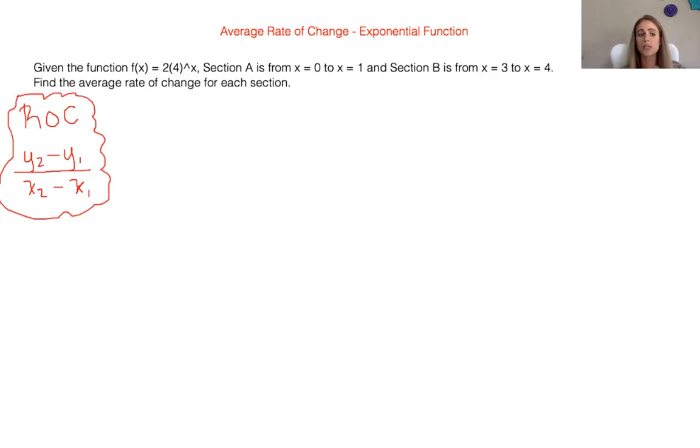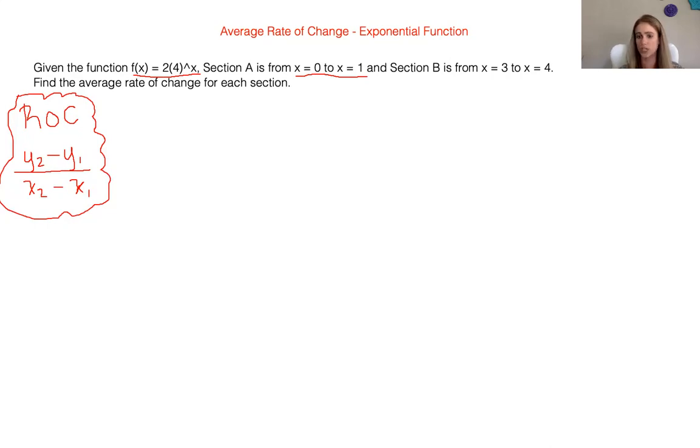All right, as we look at that formula, we see that we need both x values and y values. They provided us with the function, so the equation, and for section A, the x values of 0 and 1.